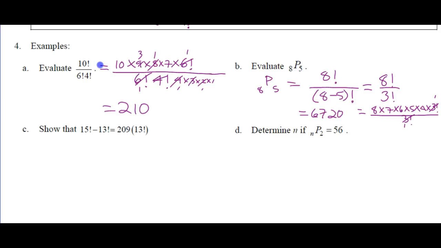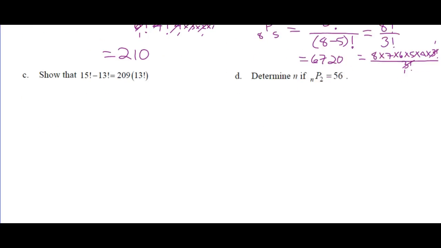Show that 15 factorial minus 13 factorial is equal to 209 factorial. Okay, so we've got 15 factorial minus 13 factorial. So let's expand 15 factorial until we get a 13 factorial, right? So 15 factorial is 15 times 14 times 13 factorial.